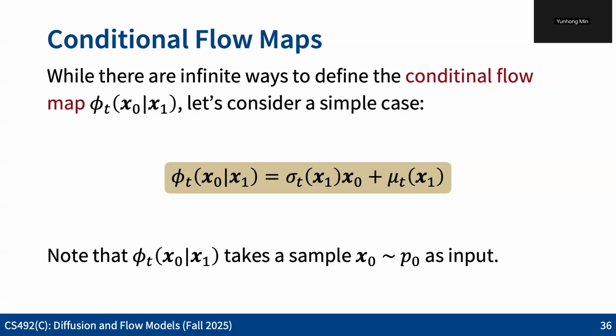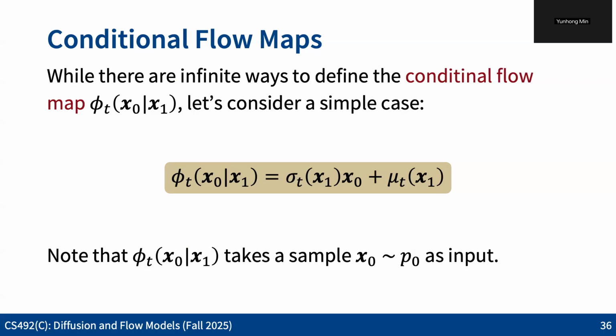But this is also conditionally the setup that we are assuming, that the data distribution is a very tiny Gaussian centered at x1, right? Then what should be the output when t is 1? It should be close to x1, right? Because that's basically the sample of the data distribution.